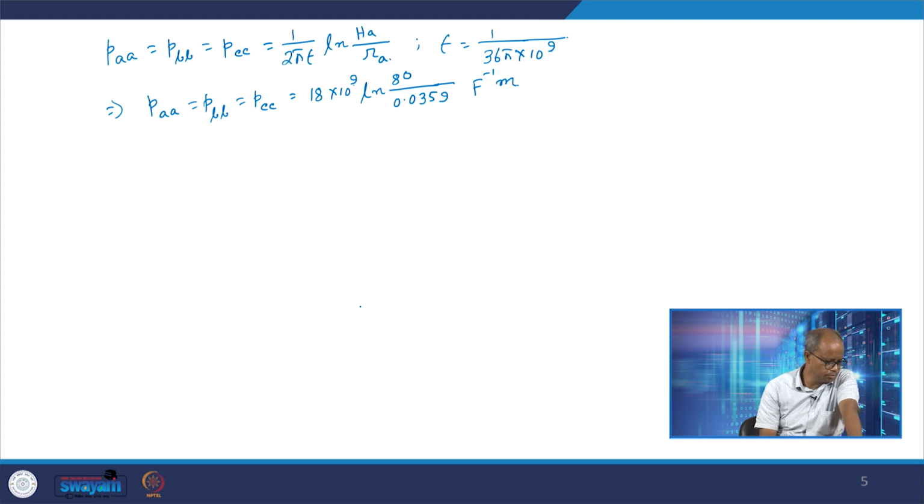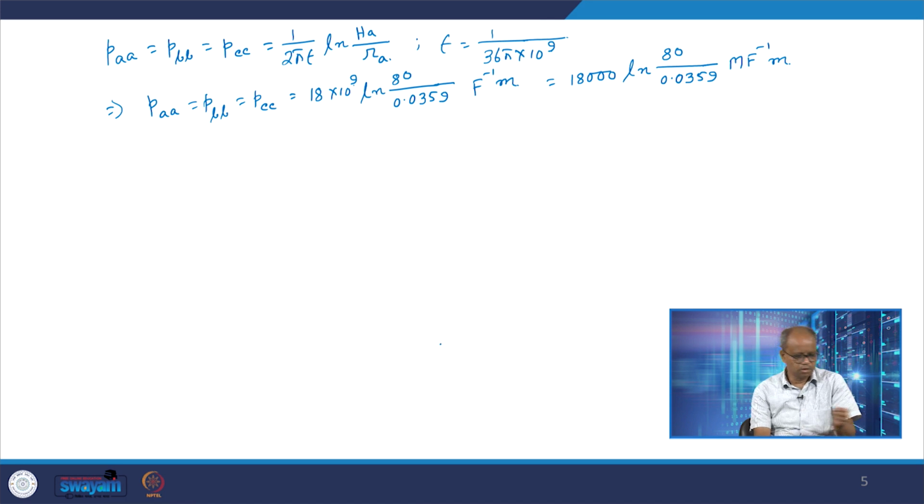So I can say that it is 18,000 into log 80 by 0.0359 mega farad inverse into meter.